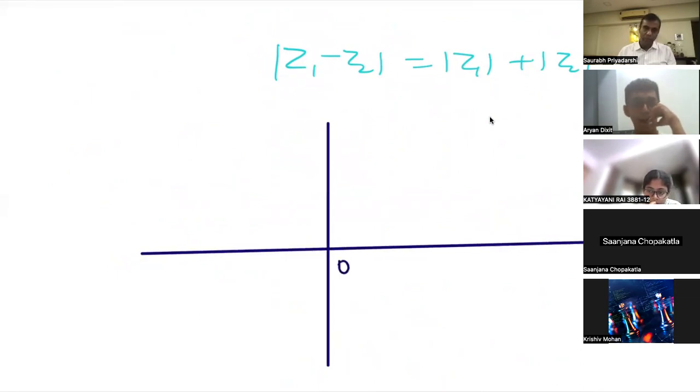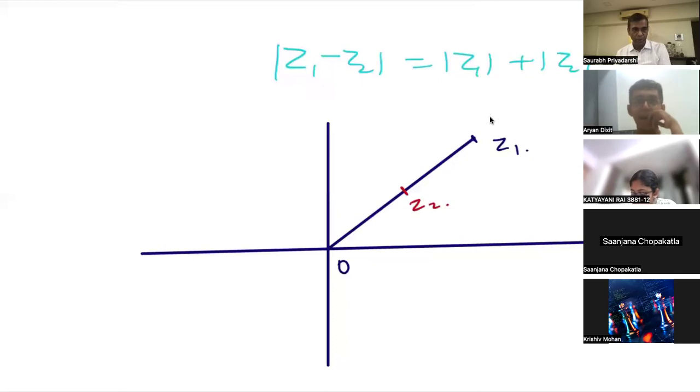Similarly with complex numbers, same idea. This is the origin. Suppose there is some point, this is Z1. Let's say there is some Z2, not necessarily on the axis, it can be anywhere. This is origin to Z1, and this length is nothing but mod of Z1 minus Z2.